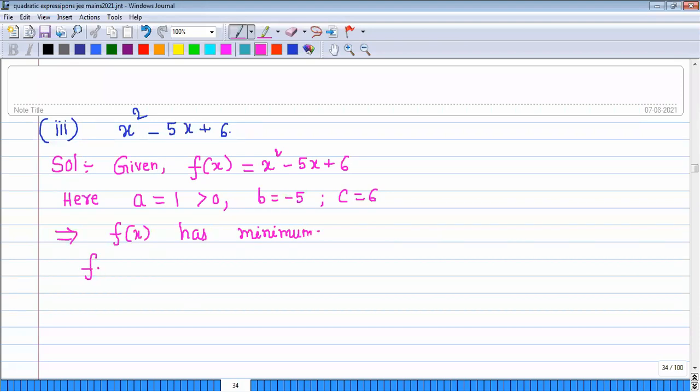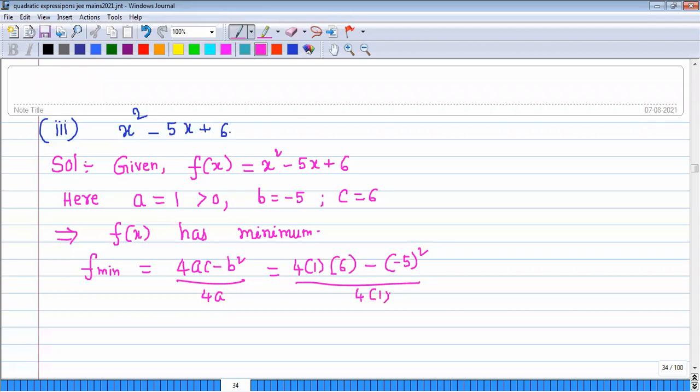So f minimum is equal to 4ac minus b square upon 4a. 4 times 1 times 6 minus of minus 5 square upon 4 into 1. Minus 1 by 24 minus 25 upon 4, minus 1 upon 4. This is the minimum.